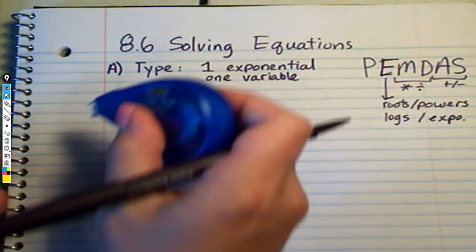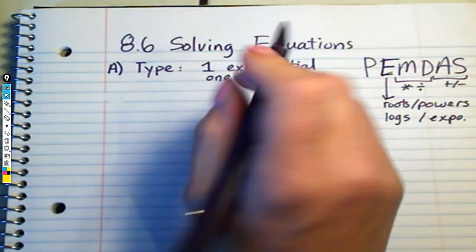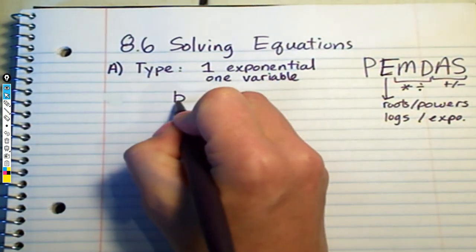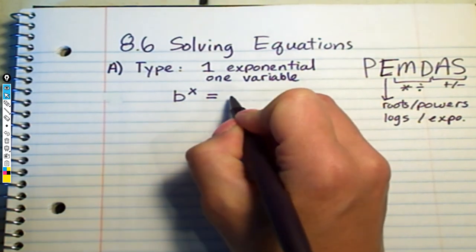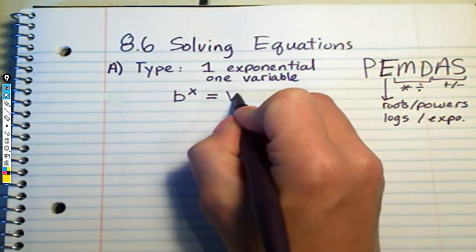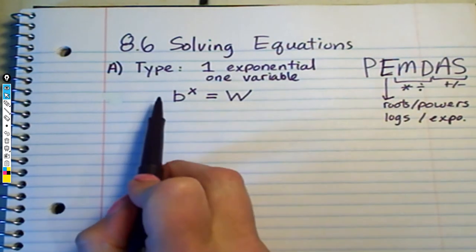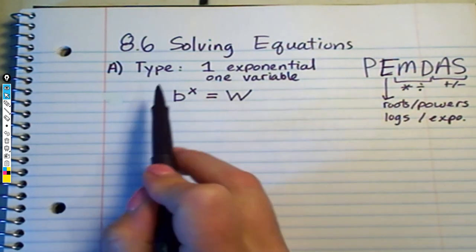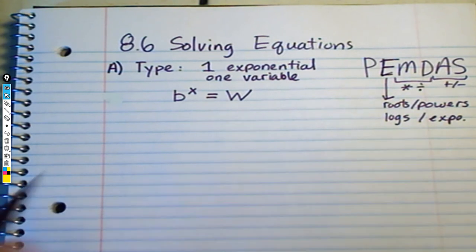Let's look at what a potential example could look like. All right, one exponential, b to the x equals, let's pick a letter, w. Just a number. You have one exponential, and then it's equal to some expression or number.